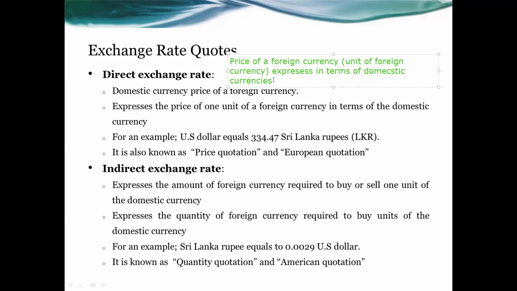Now, whether the quotation is direct or indirect depends on what your home currency is. For example, the Sri Lankan rupee, LKR, is our home currency. Then if you express 1 unit of US dollar in terms of Sri Lankan rupees from the Sri Lankan perspective, that is the direct quotation.